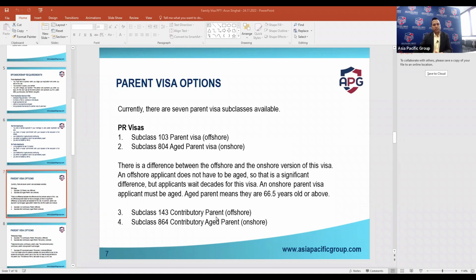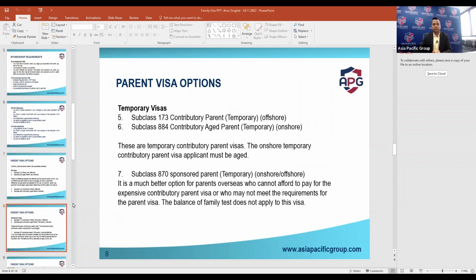Then we have contributory parent visas, onshore and offshore versions. We will discuss them in detail in the next table and see the comparison between them as well. Then you can choose which one is more beneficial as per your individual circumstances. These are temporary parent visas: 173 contributory parent visa and 884 contributory aged parent visa.